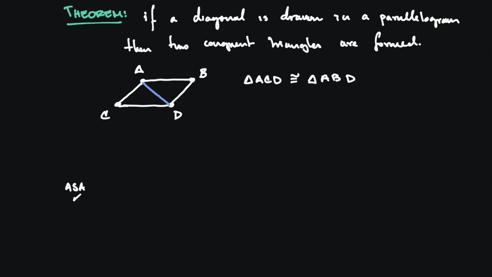We also notice, if you remember, that since this is a parallelogram, these pairs of sides are parallel. We also know that AD works as a transversal. So if it's a transversal, then the alternate interior angles are congruent.